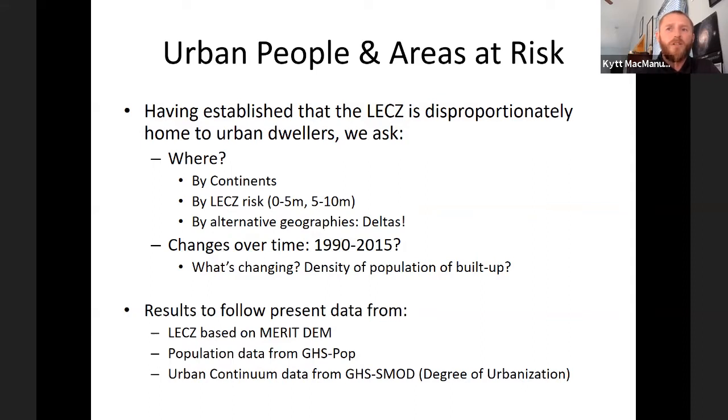We also want to know over time what's changing. Are these deltas growing faster than other areas? The results that follow don't have the full spectrum of those 12 different data sets, but they do include elevation from MERIT DEM, population from GHS POP, and settlement data from GHS SMOD.